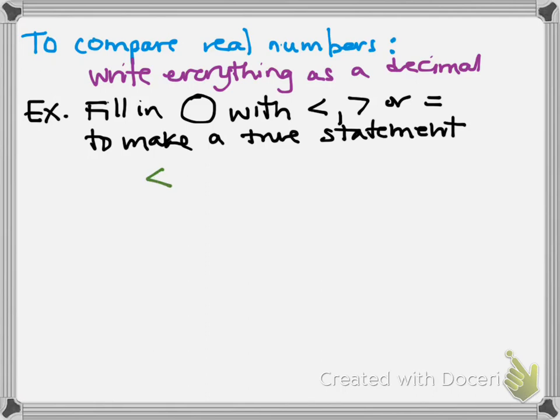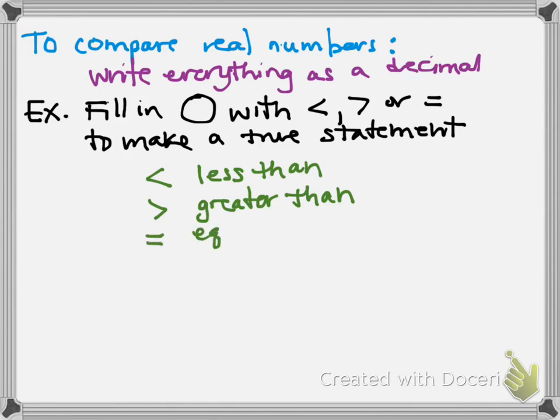The one I just drew in green. That's your less than symbol. What that says is the first number is less than the second number. Okay, second symbol. This one is greater than. That says the first number listed is greater than the second number listed. And then this symbol we all know as equals. So they're equal to each other.